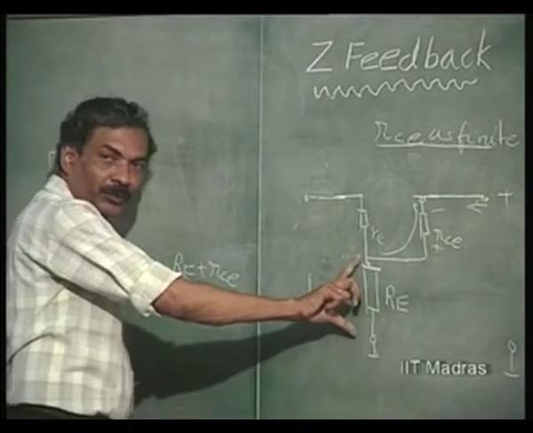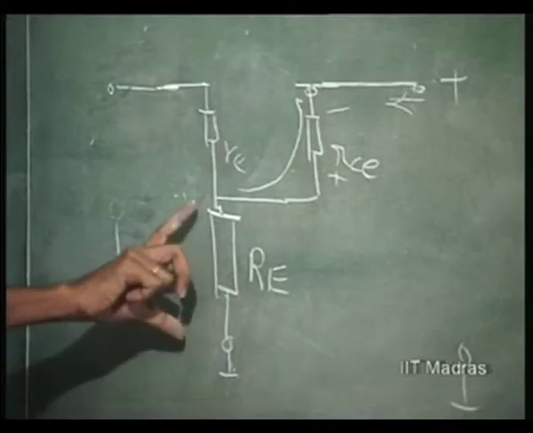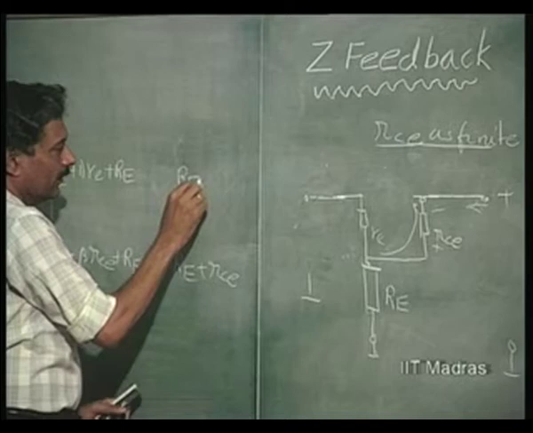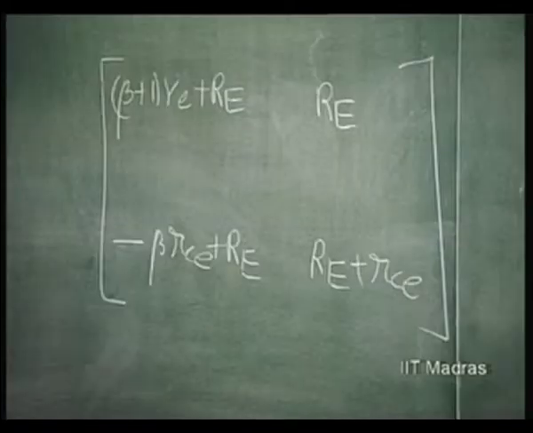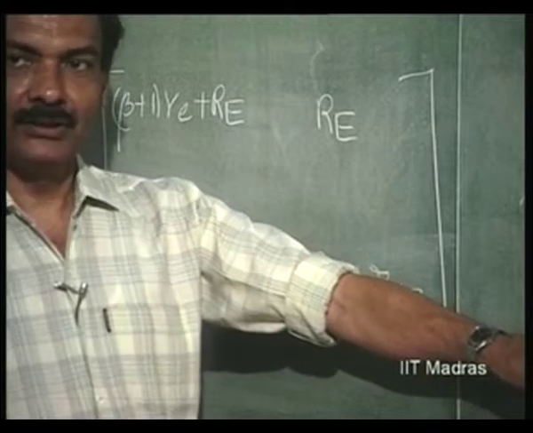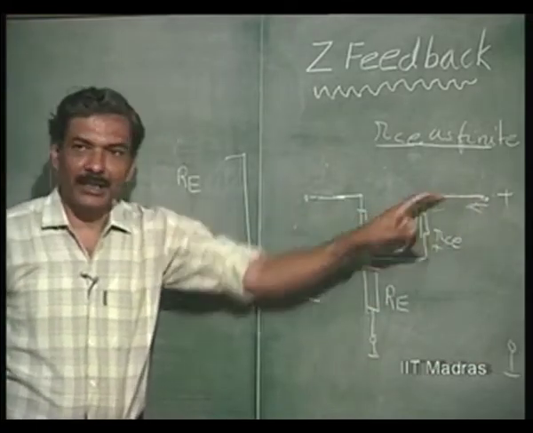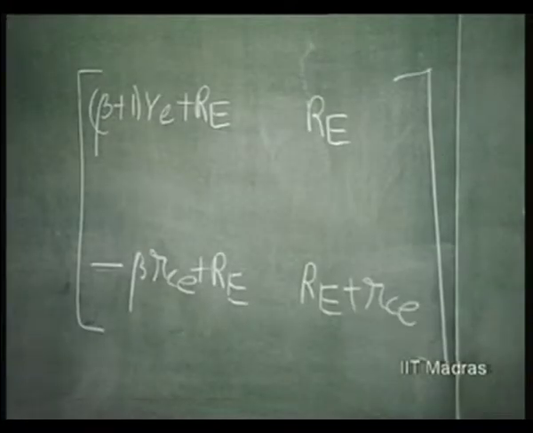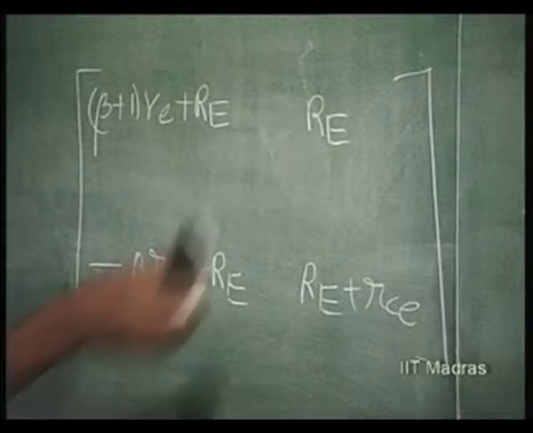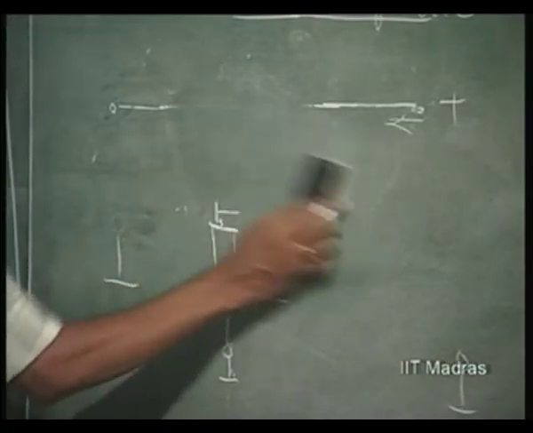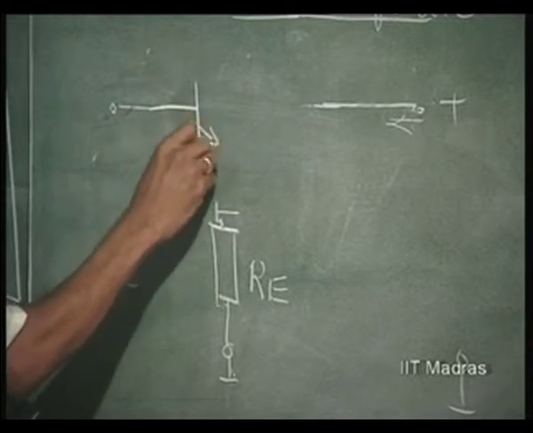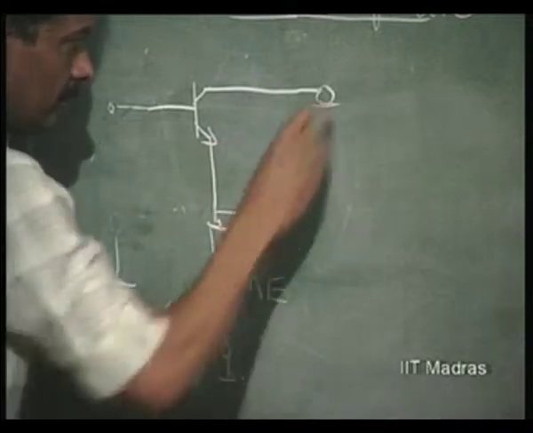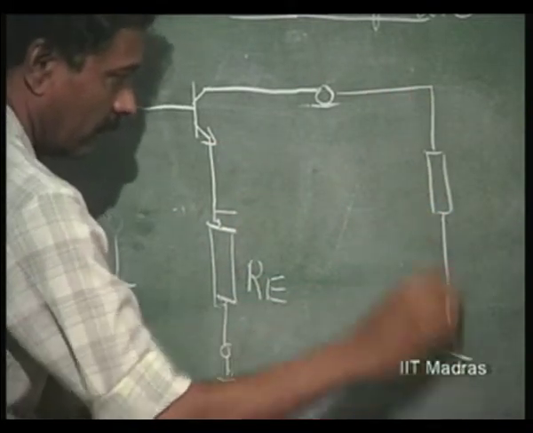And the input voltage for this current is going to be I naught into Re. So, the reverse transfer impedance is going to be Re. This is the input voltage for an output current I naught. So, this is the composite Z parameter of this feedback structure, which is nothing but this.